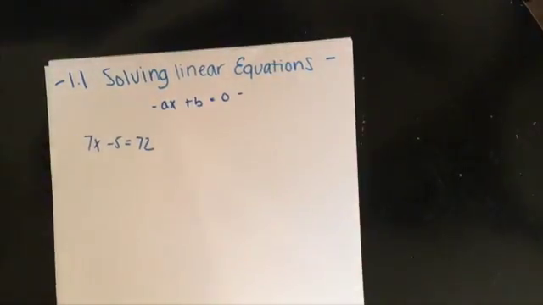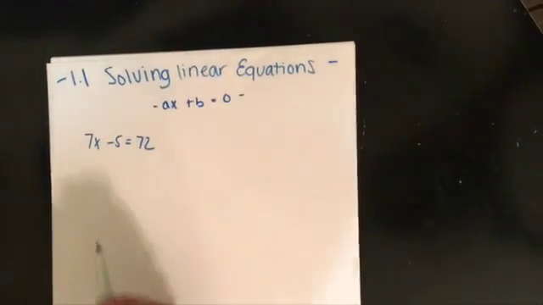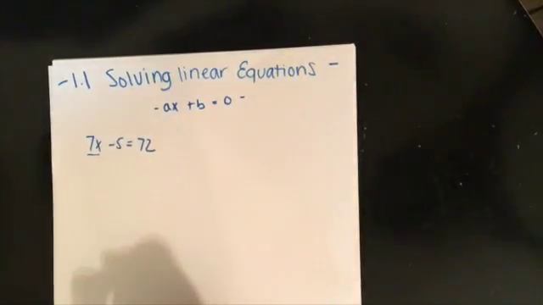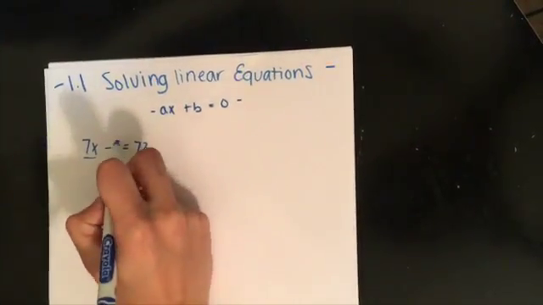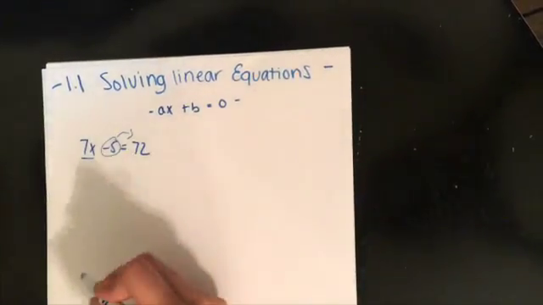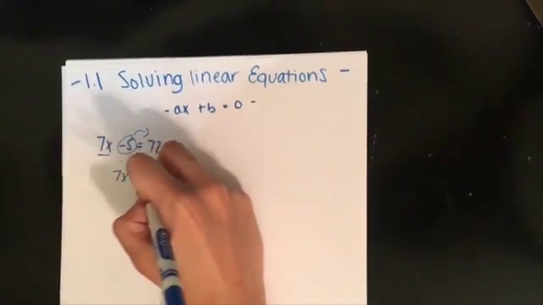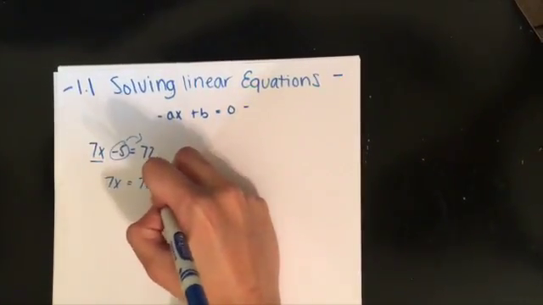Now, to start off to solve this equation, you want to isolate the x by itself. So by doing so, you have to send the negative 5 to the other side in order to get 7x by itself. So you're going to be left with 7x is equal to 72 plus 5.